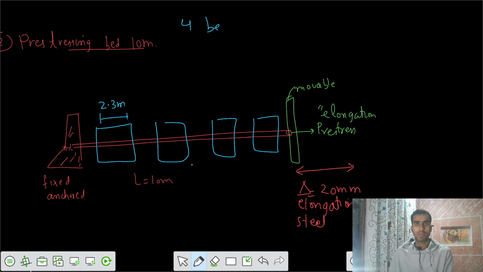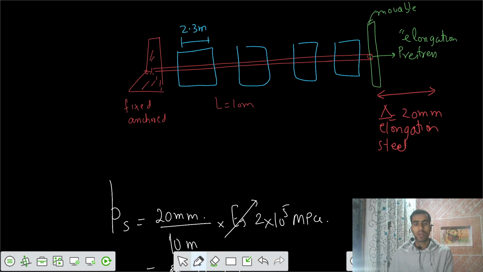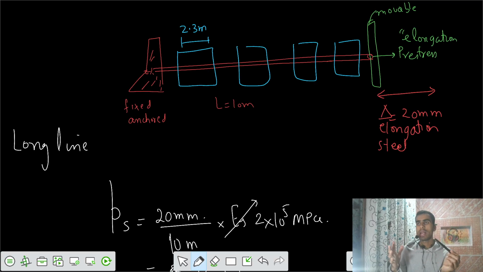So this is your pretension case, and this method we call the long line method. Because a number of beams are made at the same time by the same wire, having a length of 10 meters, and we are placing 4 concrete beams.